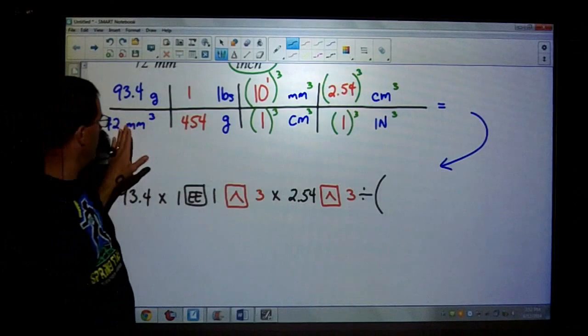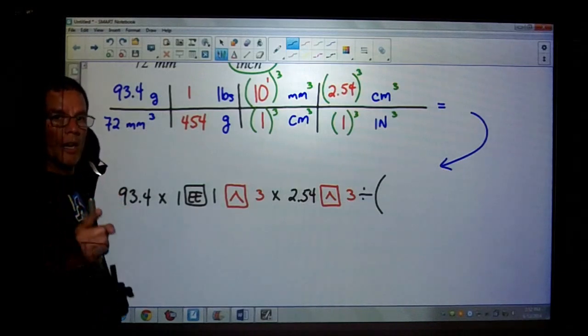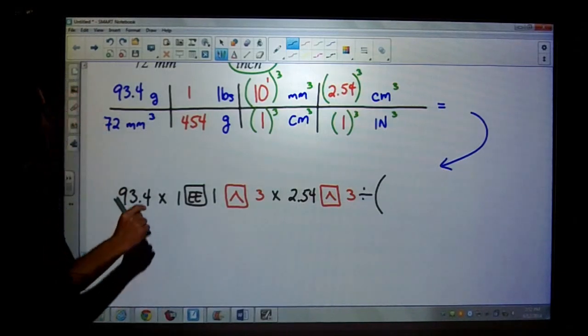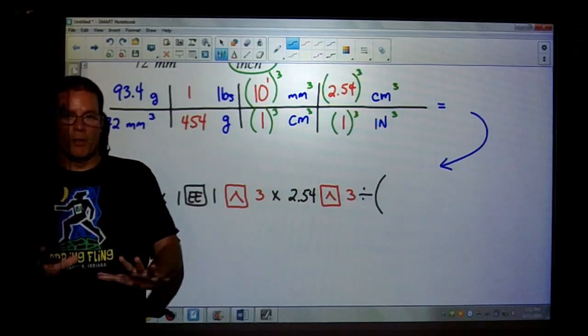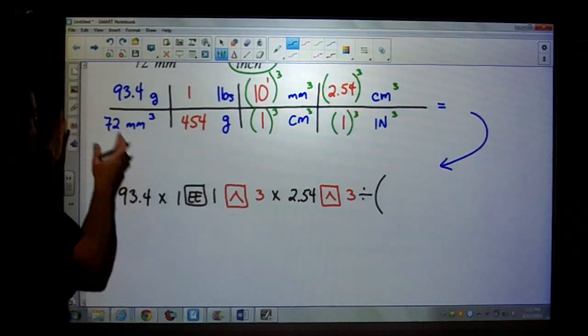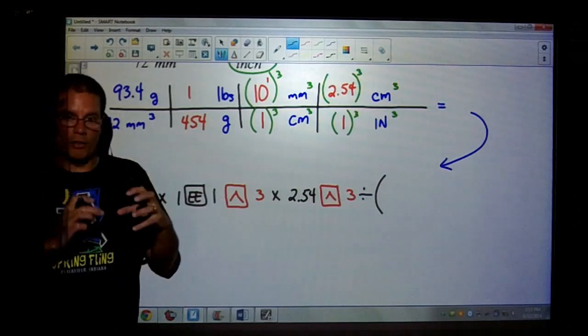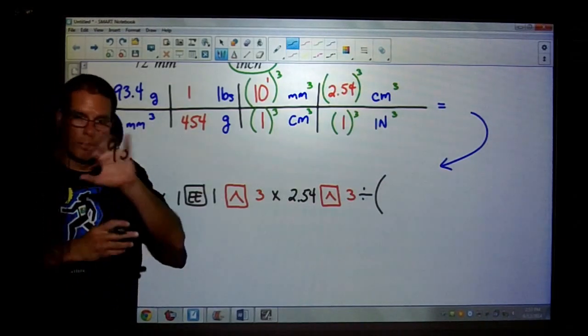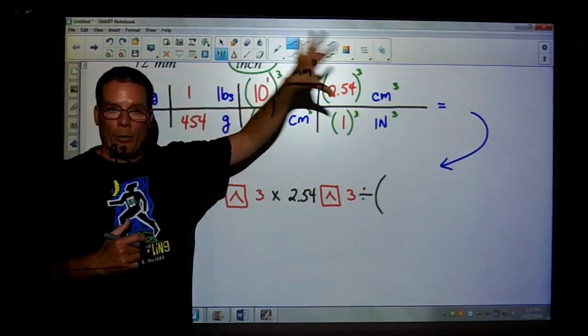Now we're going to divide by everything on the bottom, so that means I need to multiply everything on the bottom. Now, here's something that you really need to be careful about. The 72 millimeters cubed, that unit was given to you. So you're not going to cube that 72. That means that we had 72 millimeters cubed, so don't go and put a number on there. The only time that you do this is within the problem.